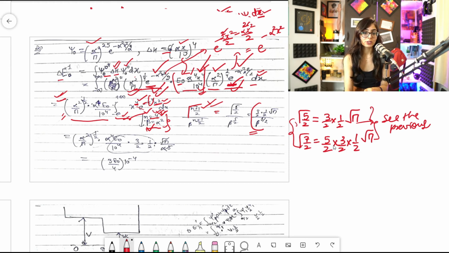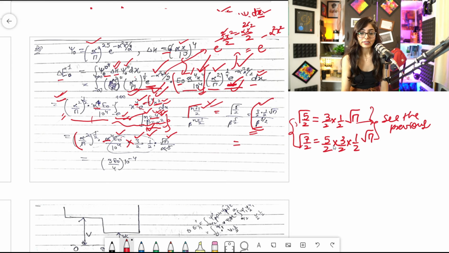So it is alpha square by pi to the power 1 by 2, into alpha 4, I have written it the same, alpha 4, E naught divided by 10 to the power 4. And this expression I solved, so that was 3 by 2 into 1 by 2 into root pi, divided by beta to the power 5 by 2.